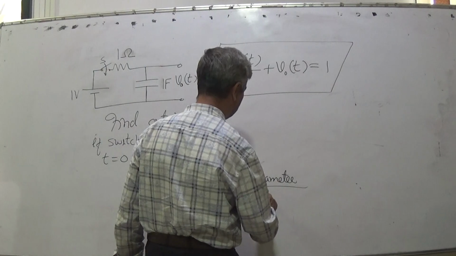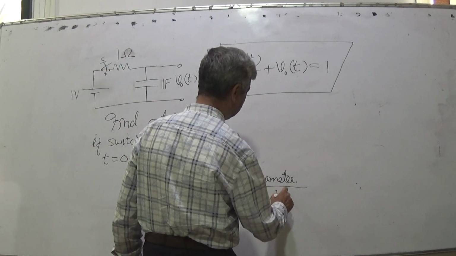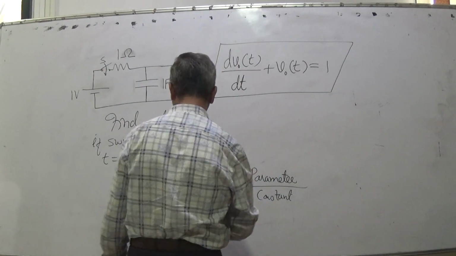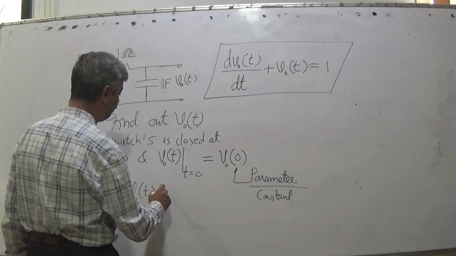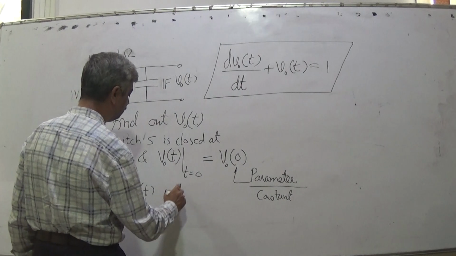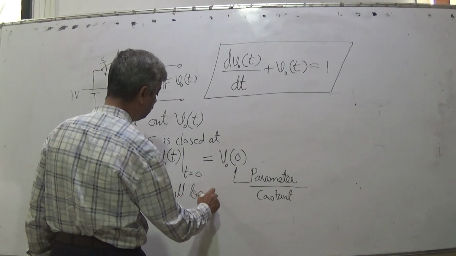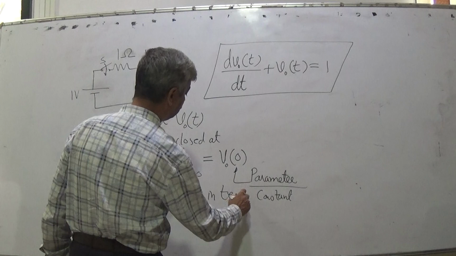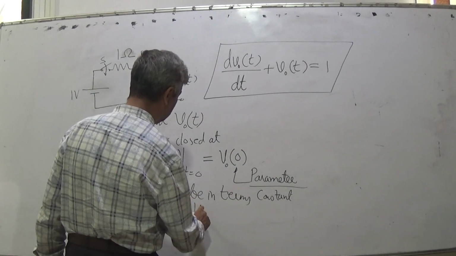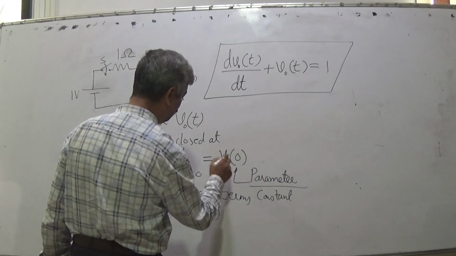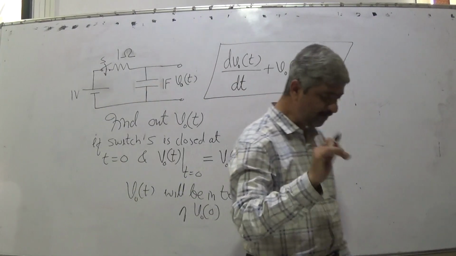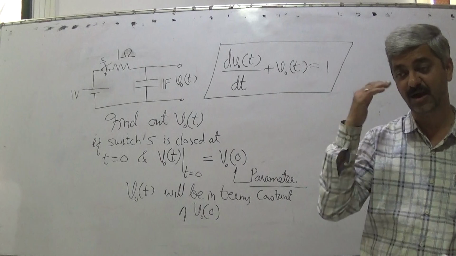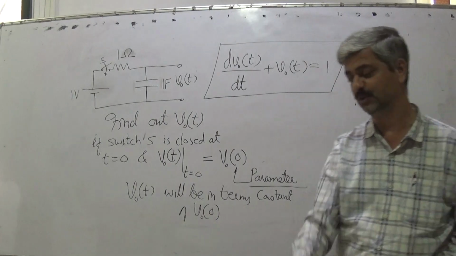We can take it to be constant. So the VOT will be in terms of VO(0). The constant value VO(0) will be part of the solution.